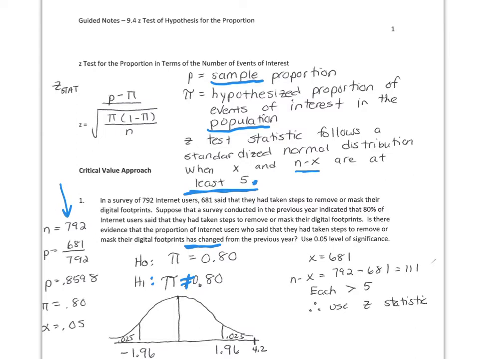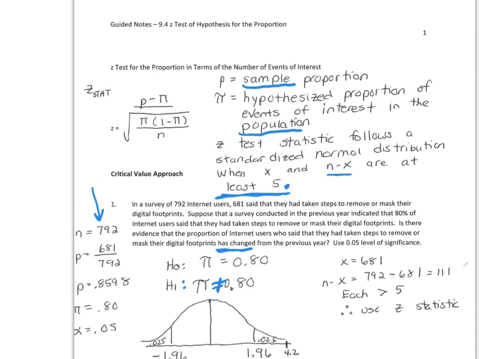And that was not equal. And the way we got that was from p, 681 over 792, gave you the p, and then pi is 0.8 because of that right there. Okay? Now, check it.